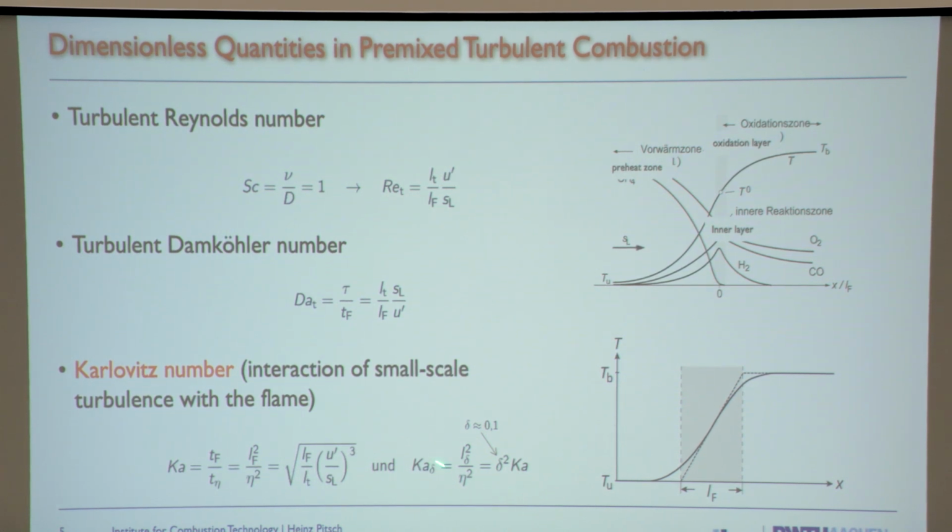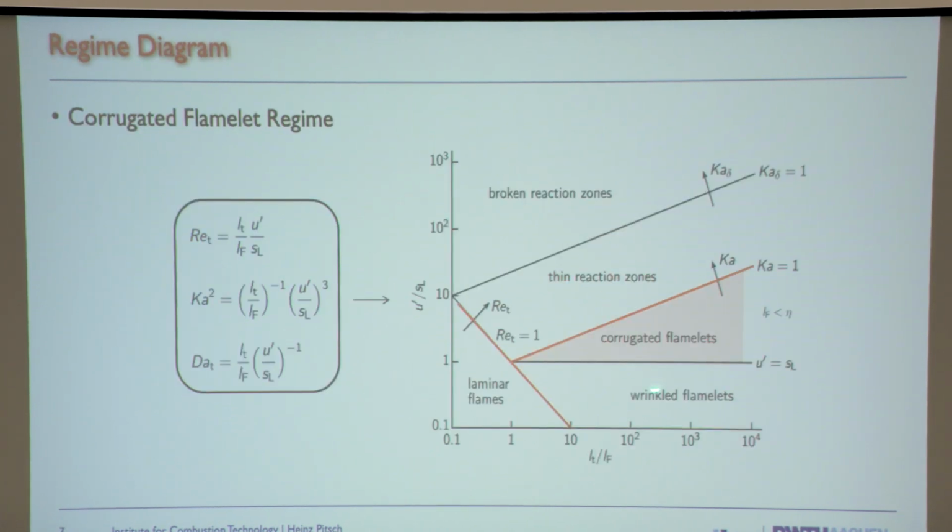That is nothing else than delta squared times the Karlowitz number, where delta is the ratio of L delta and LF. So this is 100 times larger. That's why it has the same slope; it just goes through this point 100.